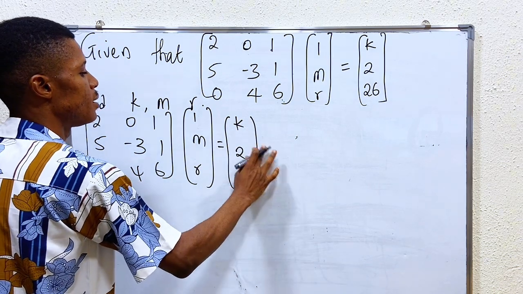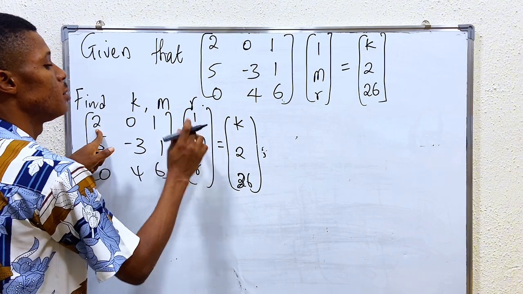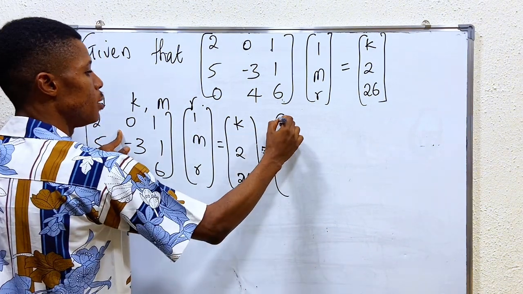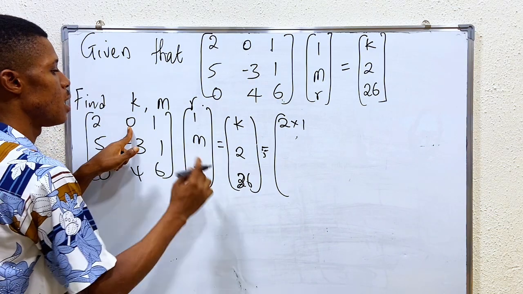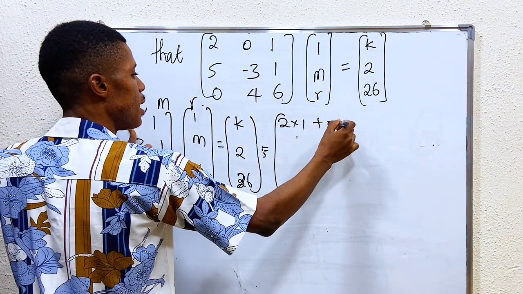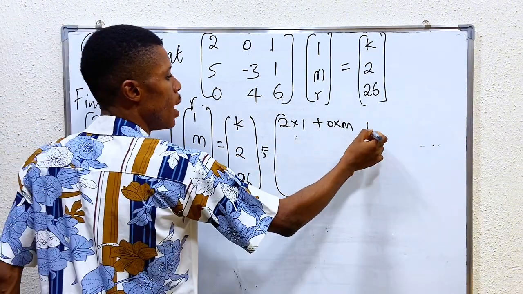To multiply this is very simple, row by column. 2 times 1, 0 times m, 1 times r.